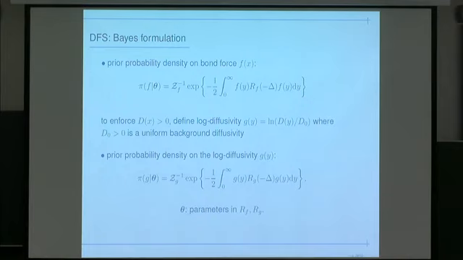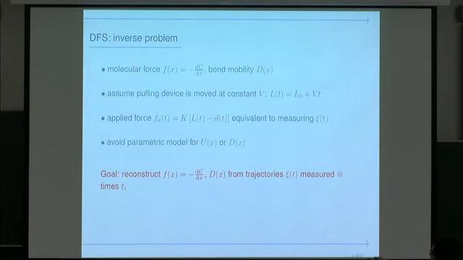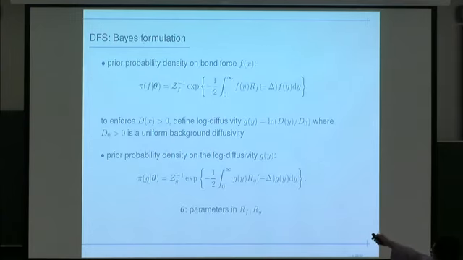Okay, so we want to put in a regularization for the force, right? Because I'm measuring at discrete points. So the functions I want to reconstruct are f and this D, or I'm going to call it g. I'm going to take a log-normal assumption about this diffusivity.